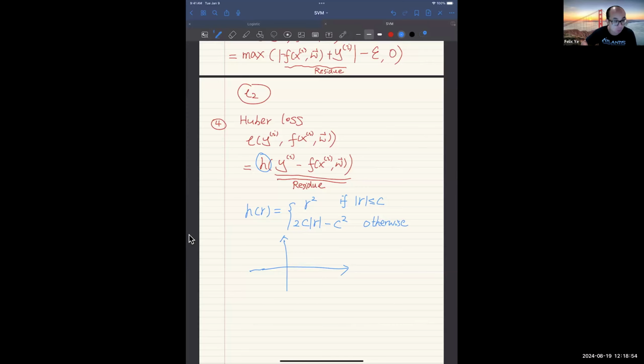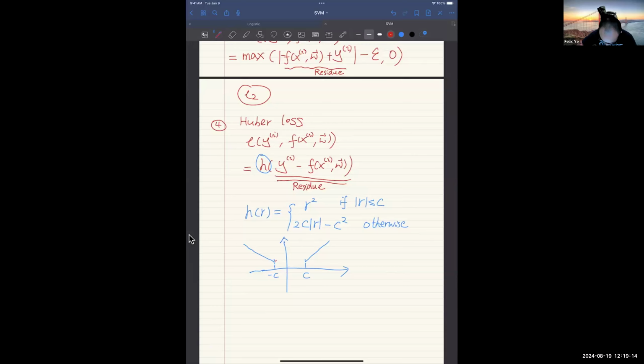We have a straight line beyond this domain of minus c to c, but a quadratic function in between.